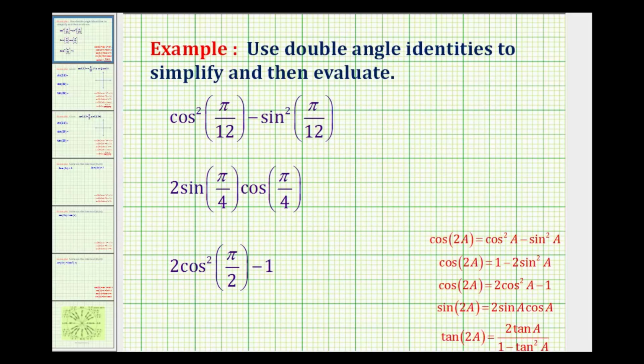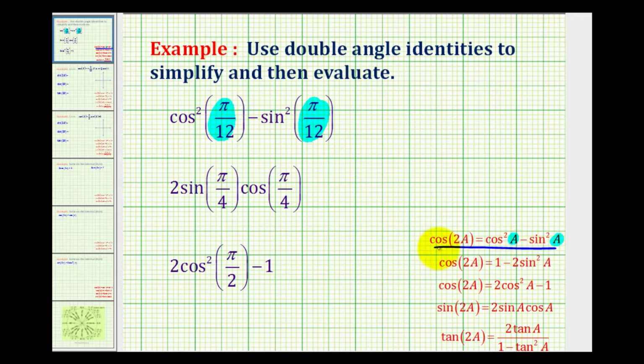In this video, we'll use double angle identities to simplify and then evaluate the following expressions. So this first expression is cosine squared pi divided by 12 minus sine squared of pi divided by 12, which fits the form of this first identity. Notice on the right side we have cosine squared a minus sine squared a is equal to cosine of 2a. So for the first expression, a is equal to pi over 12.